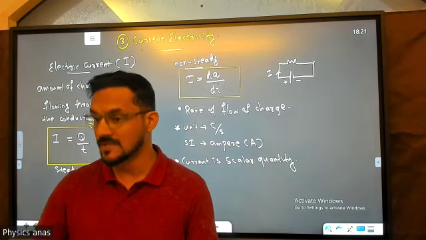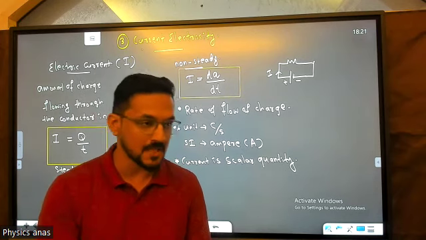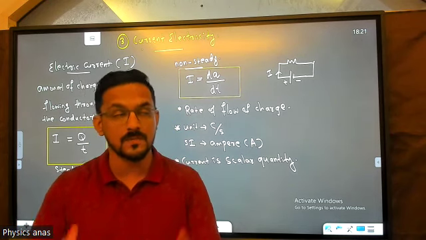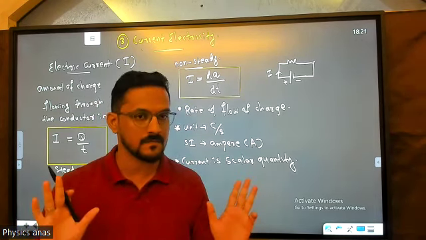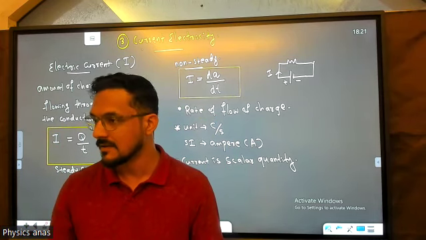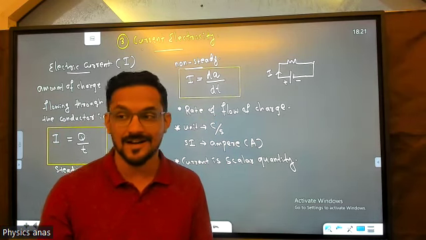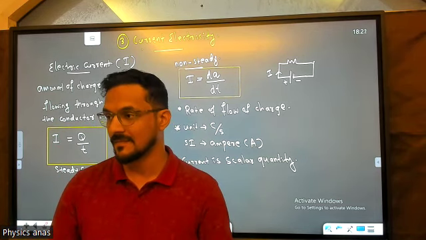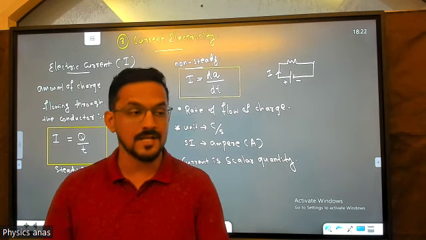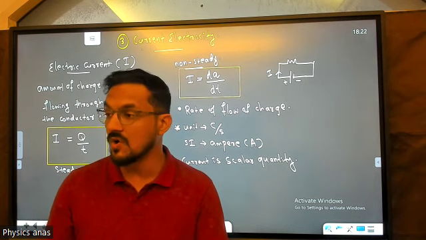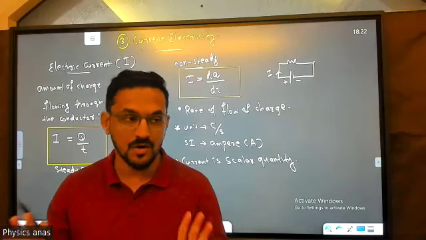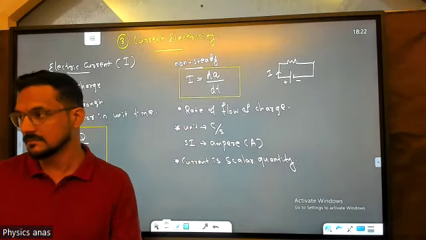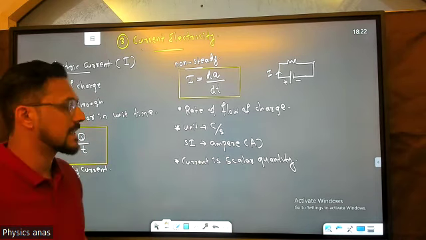Got it? Force has magnitude and direction, and it obeys the laws of vector addition. You can add force by considering it as vector. But you cannot add current in the same way you can add force. Current is not following laws of vector addition. You got it? That's why current is scalar. Okay now? So current is a scalar quantity.